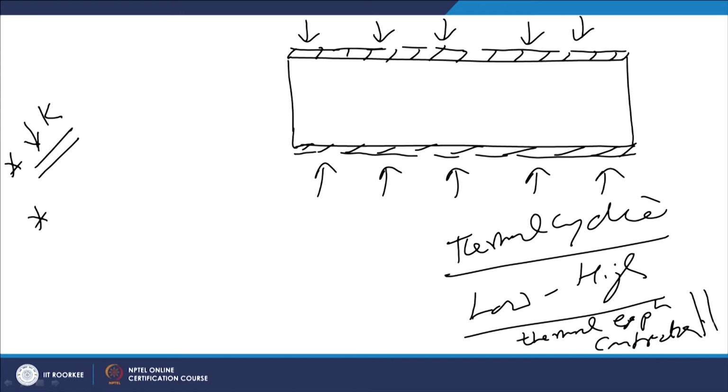So, thermal expansion and contraction due to the temperature variation will lead to the thermal expansion and contraction of the coating material as well. So, it is important that the expansion and contraction of the main component as well as of the coating material occur by the same magnitude.